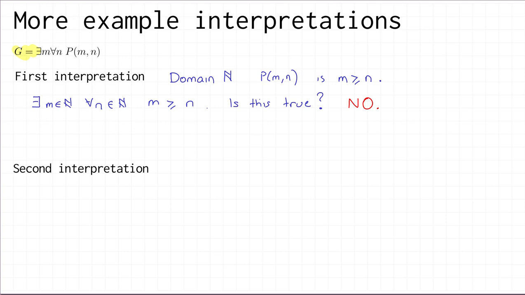So the reason that it's false is because for this to be true, remember this is a statement that begins with an exists quantifier. So if it were true, one of the statements for all n in N, n is less than or equal to m would have to be true.